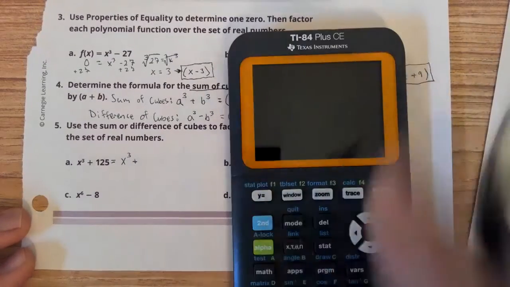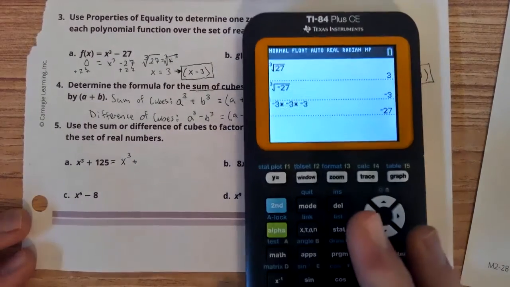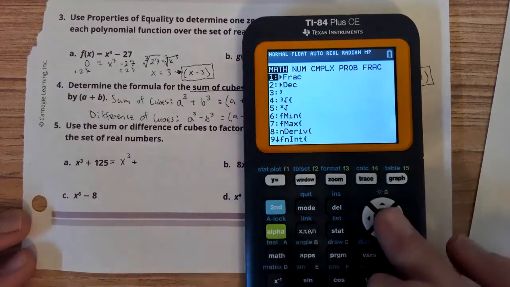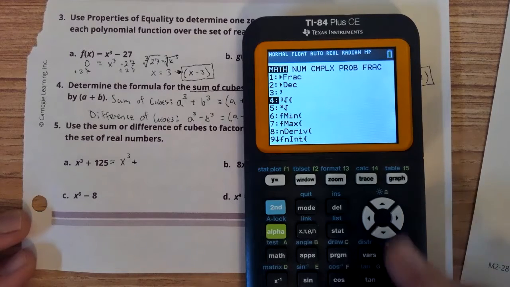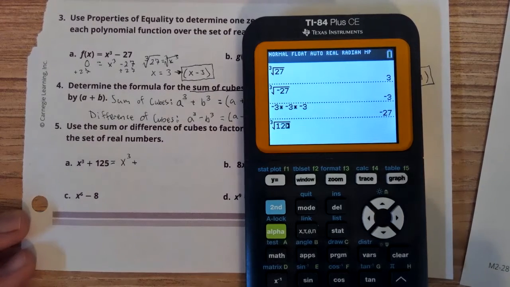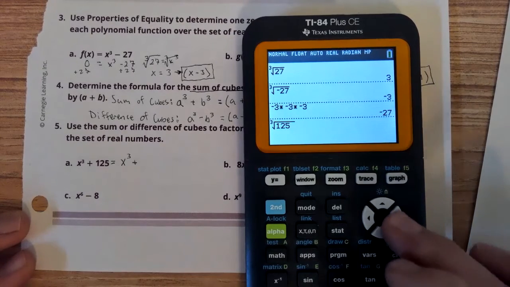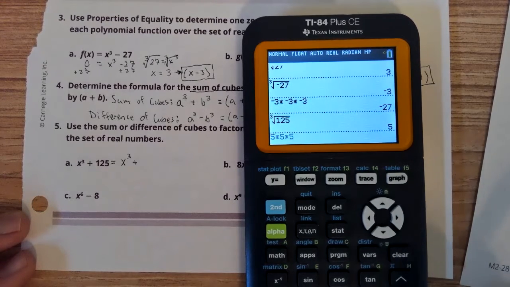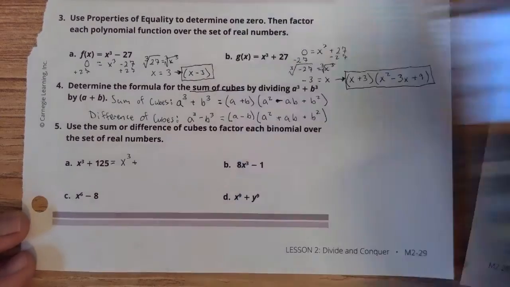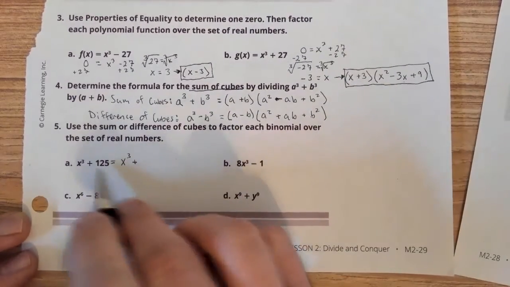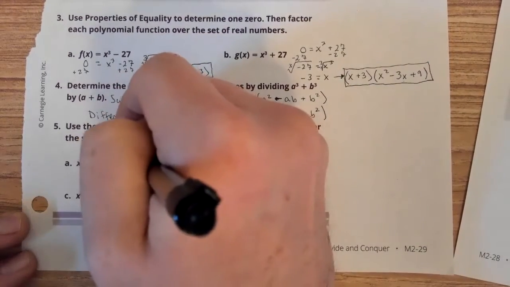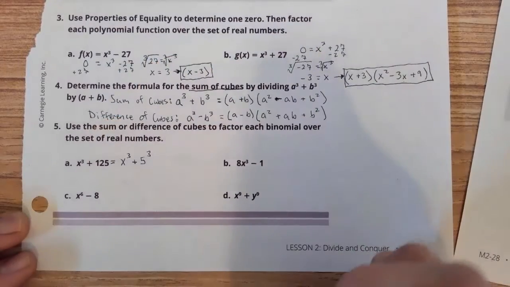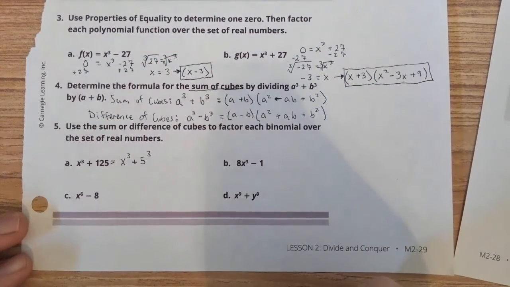How you can figure that out is go to a calculator and do the cube root of 125. And we get 5. So 5 times 5 times 5 gives you 125. So I'm going to rewrite 125 as 5 to the power of 3. Okay.